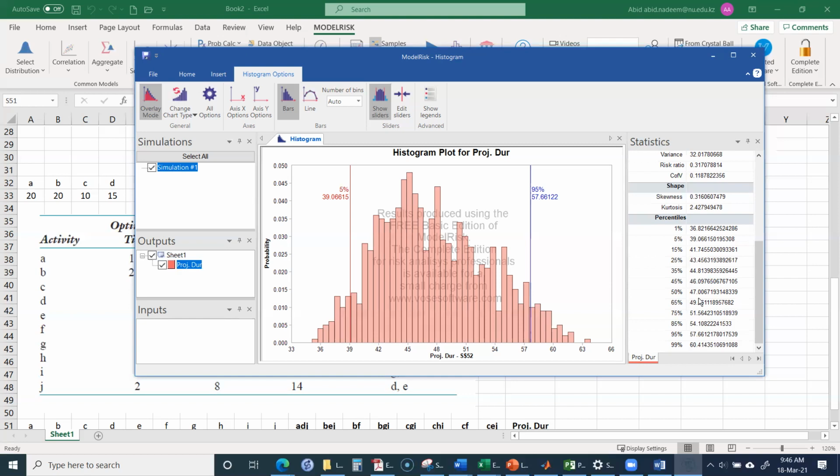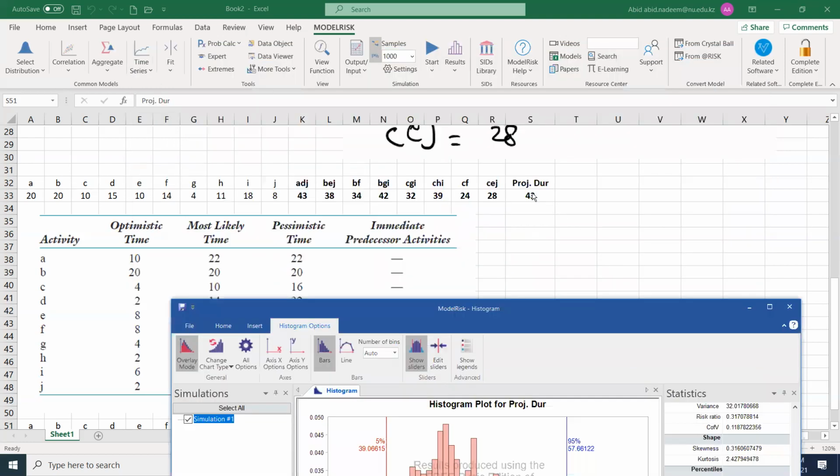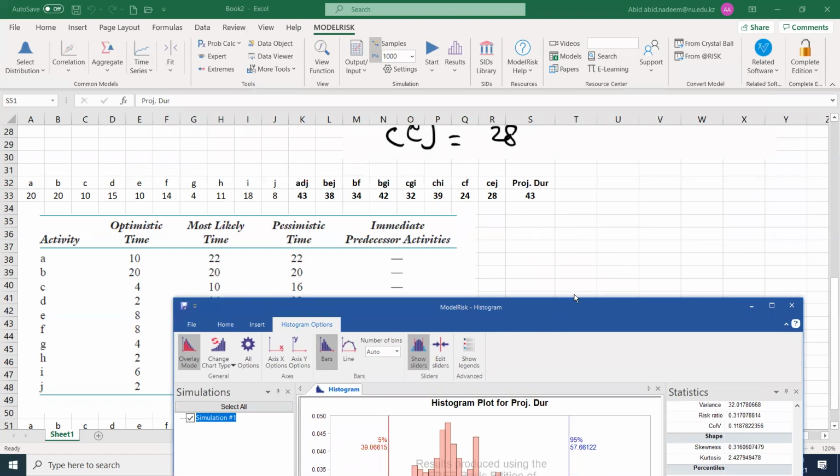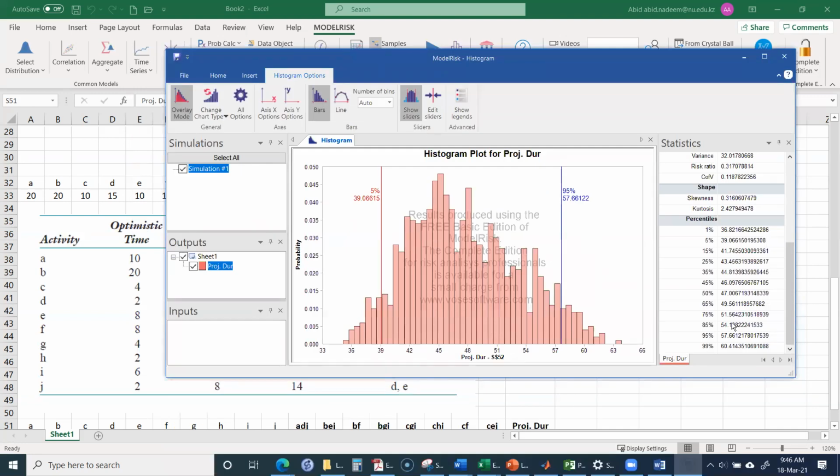So based on this, we can say that the better estimate for the duration of this project is about 47 days with 50% chance for that. Or maybe we can even say that if I want 75% confidence that the project is going to finish, then I should report that the project will take like 51.5 days to complete.